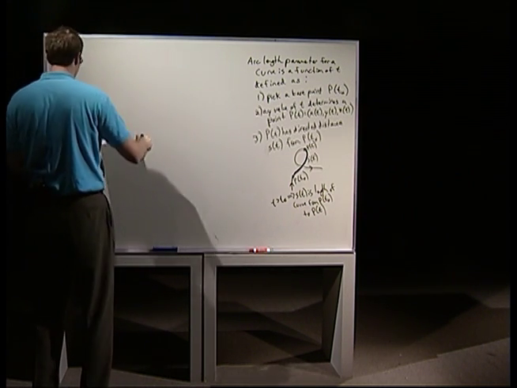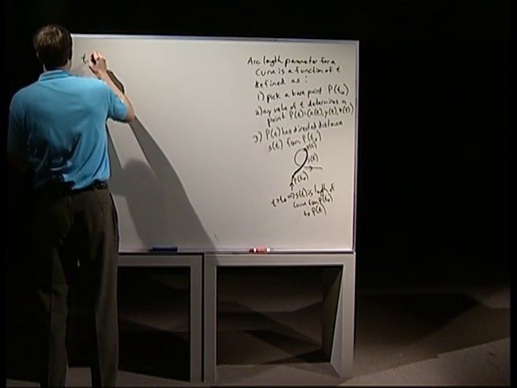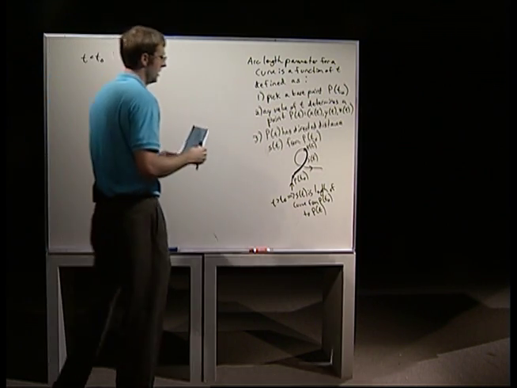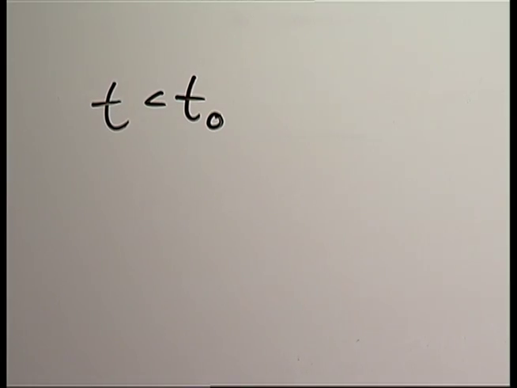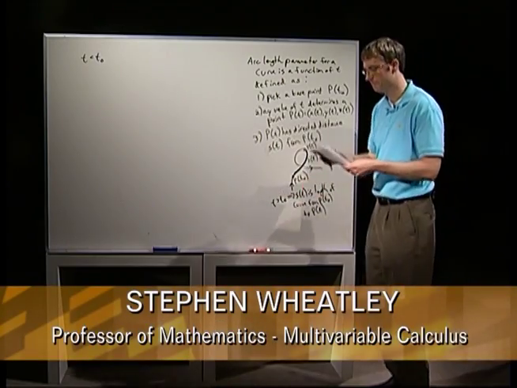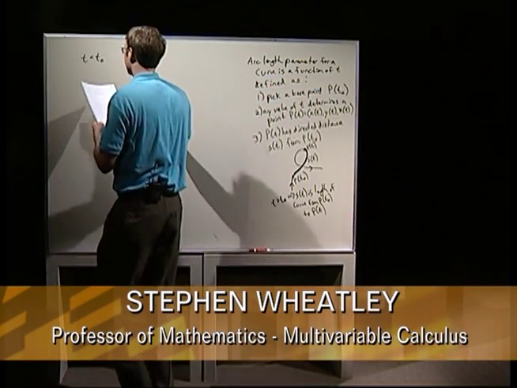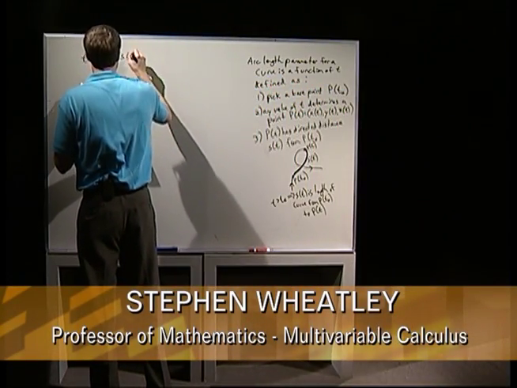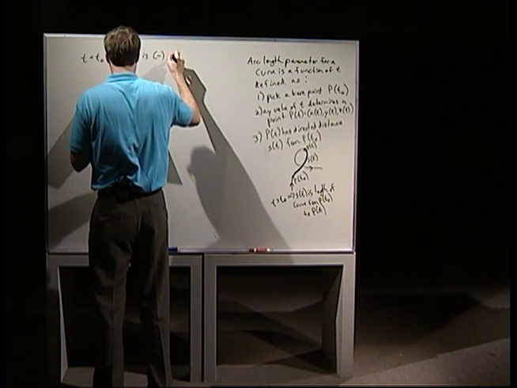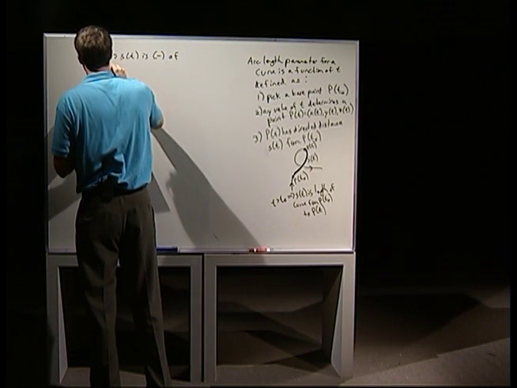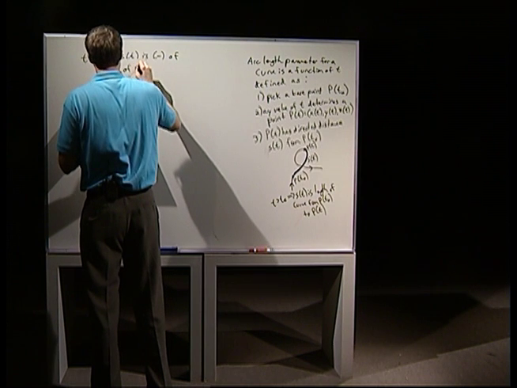If you're going in reverse, against the arrows, so t less than t0, then s of t is the negative of the length of the curve.